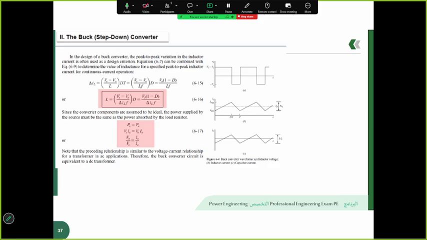The result is that the ripple depends on the output voltage Vo, the duty cycle D, the inductance L, and the switching frequency F.